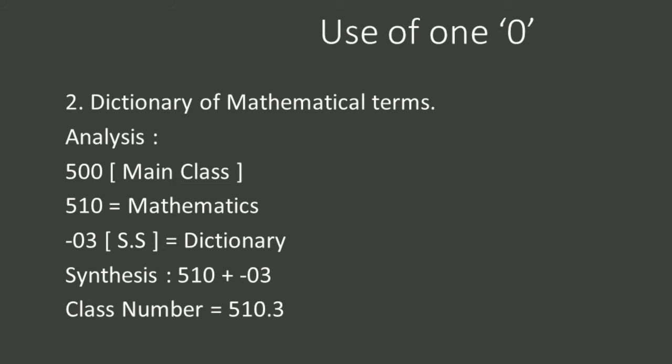Here mathematics is the subdivision of 500 and the notation ends with a single 0, and after the notation we have used the notation of standard subdivision, that is dictionary. So generally we will remove the 0 from the end of the main classes or subdivision of the main classes. I have removed the 0 from 510.